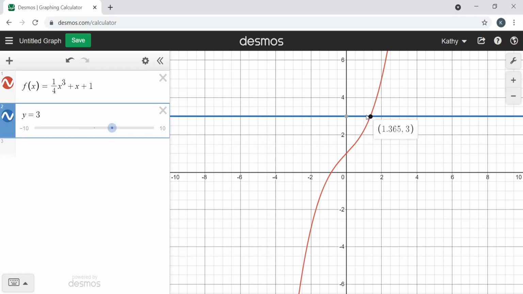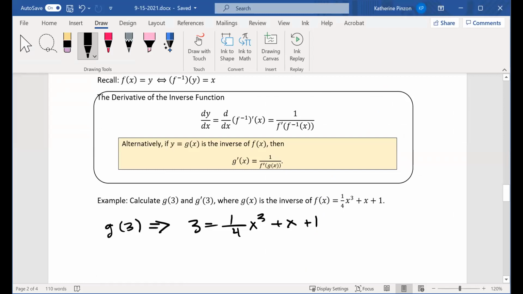1.365. Okay, so right here at 1.365, this function f spits out a y value of 3. Did everybody see that? I know I want the y value because g is the inverse. So 3 is the y value.